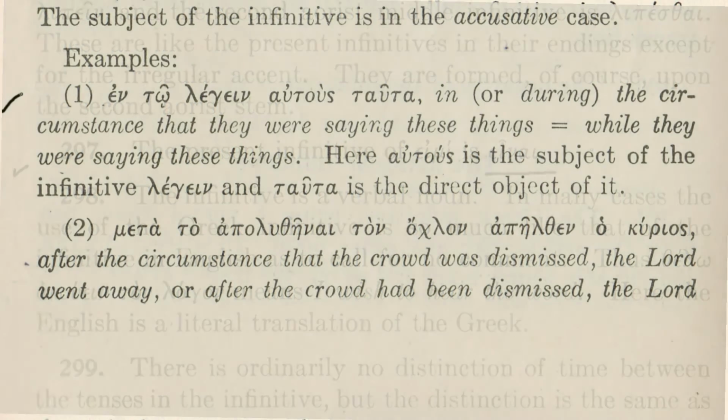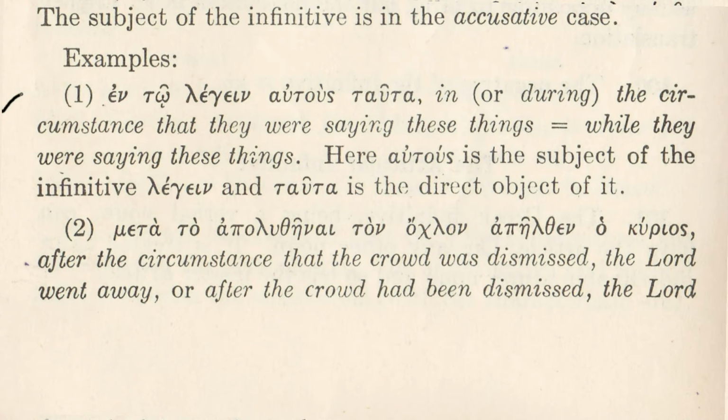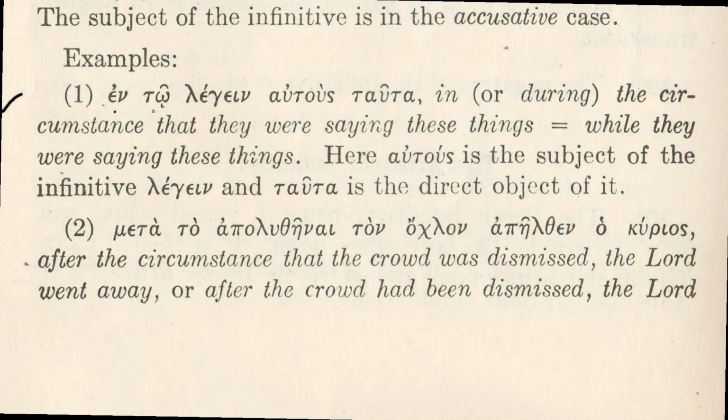These are quite helpful, and I think they'll give you an idea about how the articular infinitive works. So the first one we have here is en to legein autous tauta. En means in, but when it's used with the infinitive, it usually means in the sense of during, or in the act of.